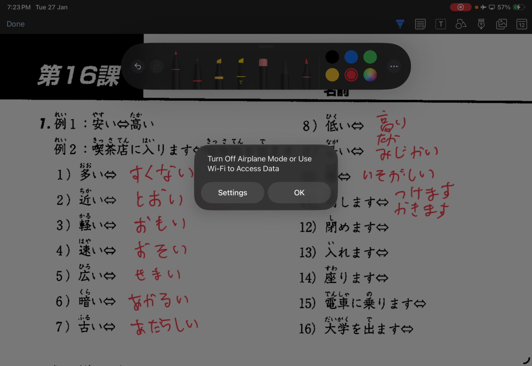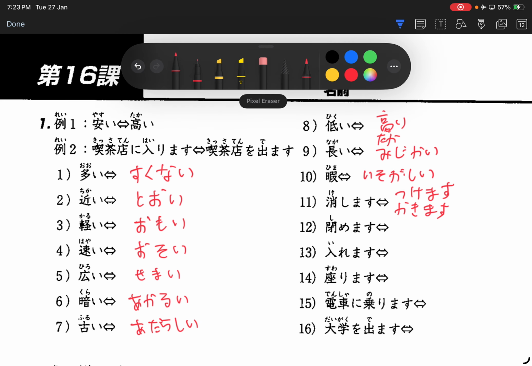Leave. Leave someone. To let someone survive, I don't know. So keshimasu has a lot of meanings. Put out fire, turn off switch, kill someone, erase something. The opposite has several.